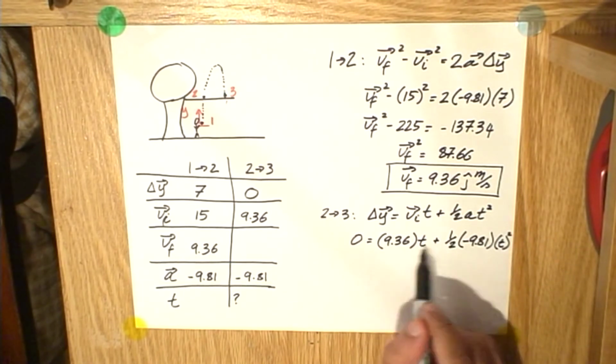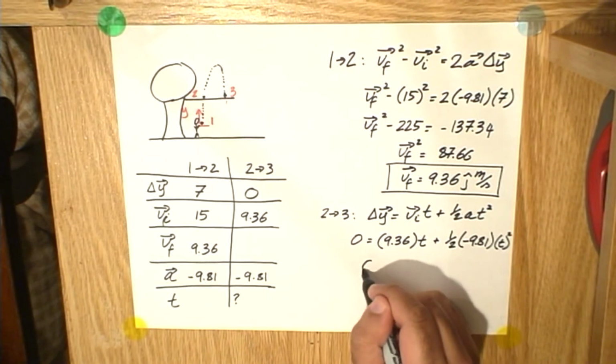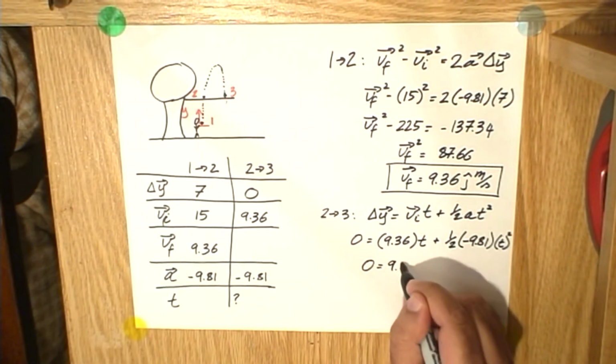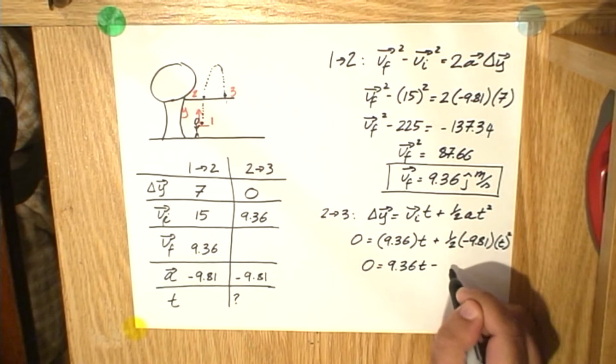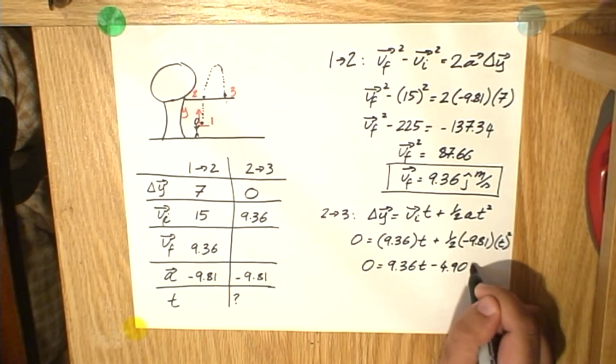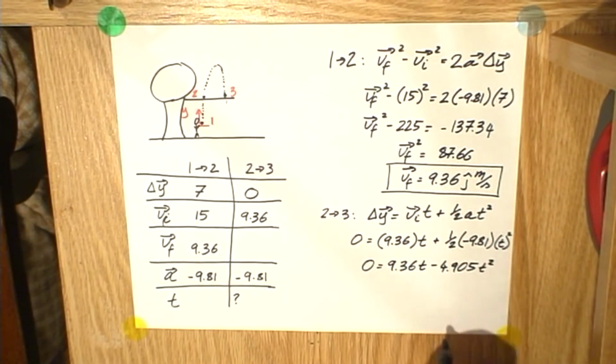Now, this equation can be simplified like this. 0 equals 9.36 t minus 4.905 t squared. You could solve this with the quadratic formula if you really wanted to, but that's just a lot more work than what's really needed. This equation is simple enough to solve by factoring.